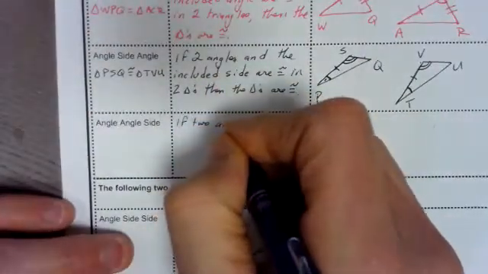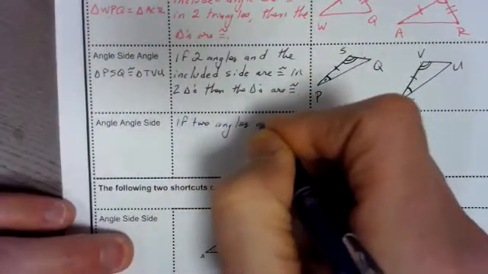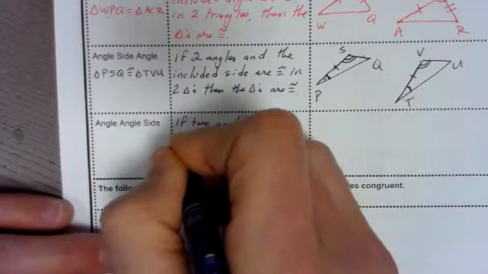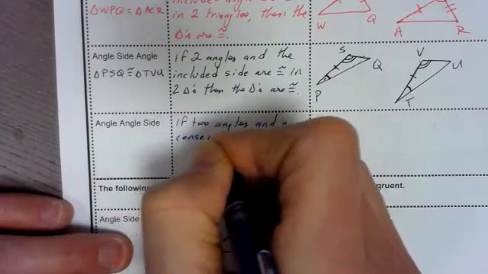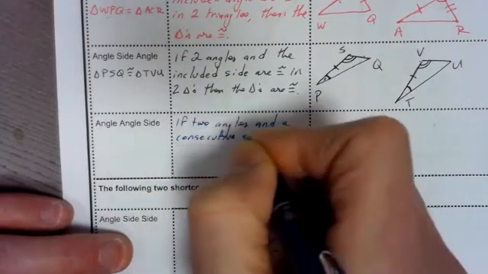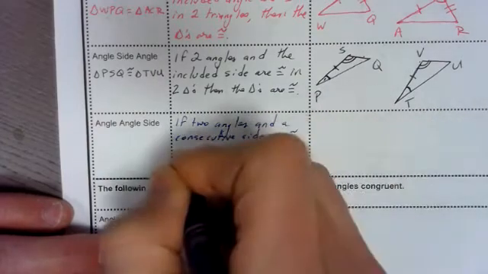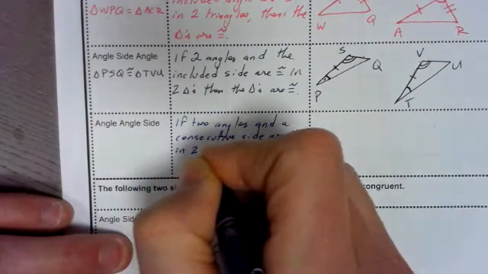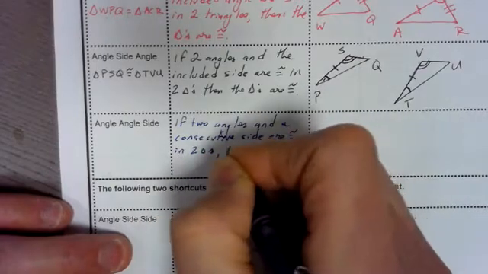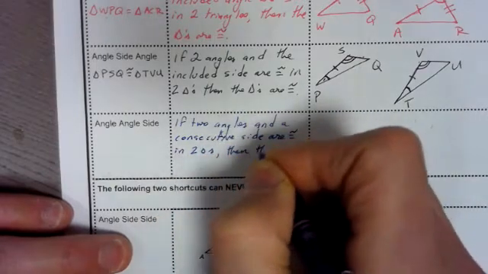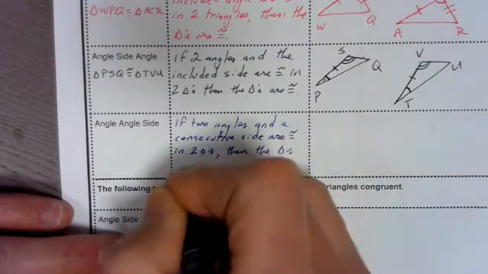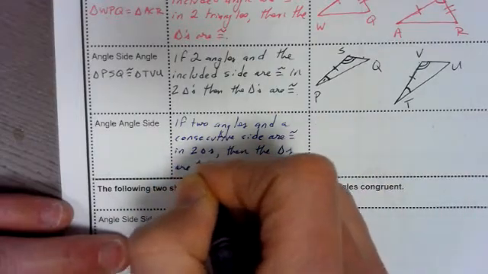If two angles and a consecutive side, sorry about that, are congruent in two triangles, then you guessed it, the triangles are congruent.